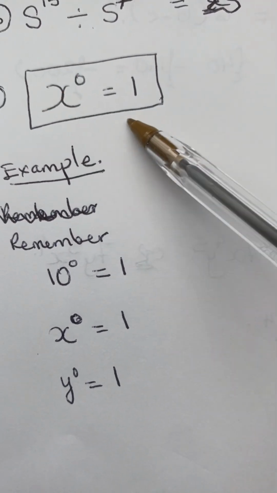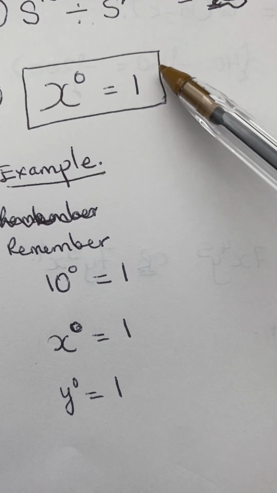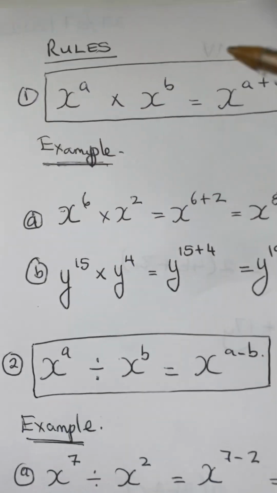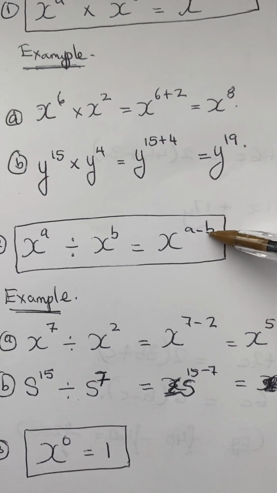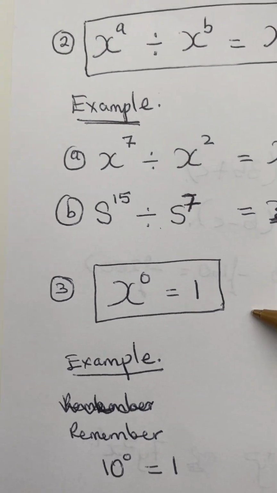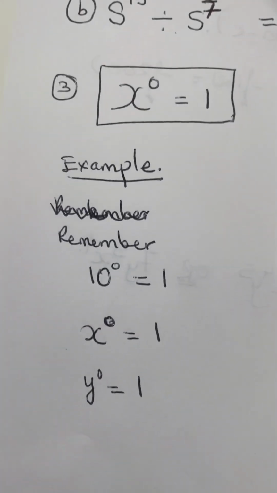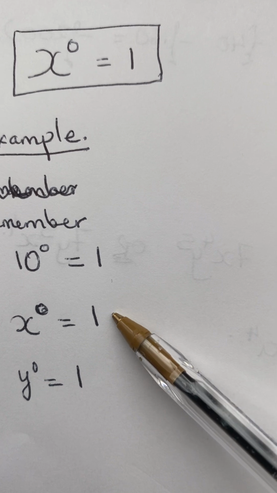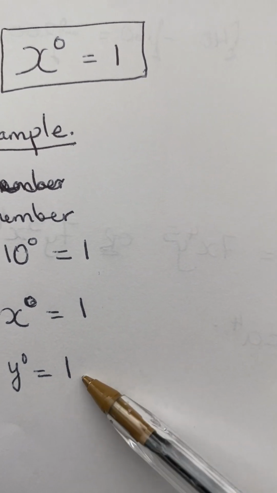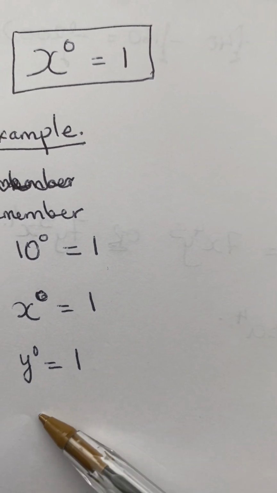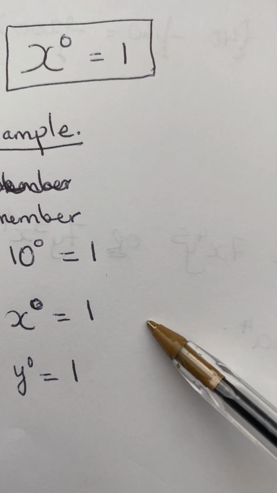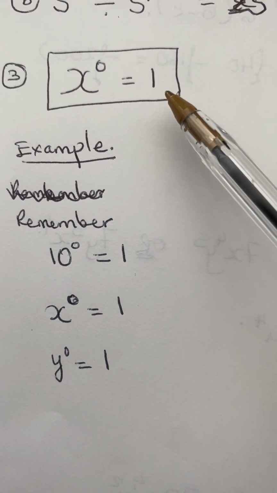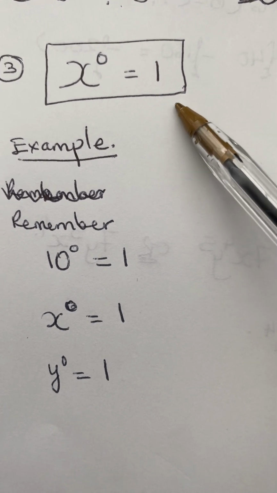It's a mathematical rule, so add this also to your flashcard. The examples I have here are x to the power 0 is 1, y to the power 0 is 1, 2 to the power 0 is 1. You can't forget this one. Any number to the power 0 is 1.